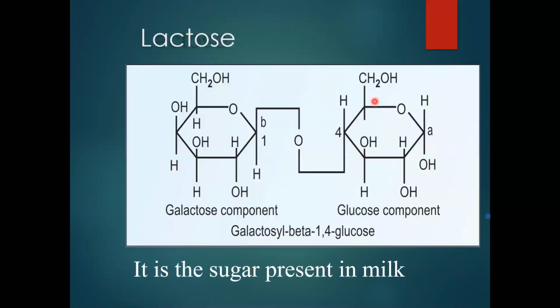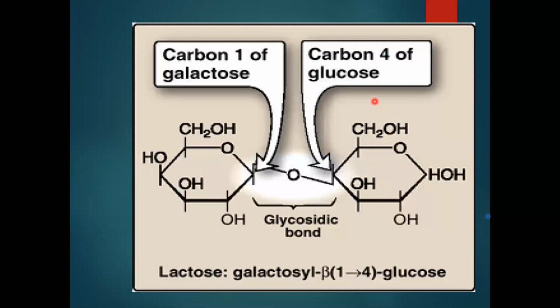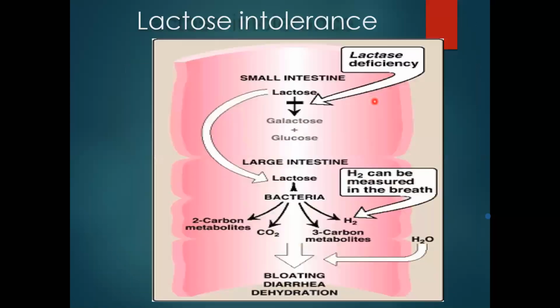Coming to lactose. Lactose, we know, is primarily present in milk, and it is made up of a glucose and a galactose molecule, two molecules joined by beta-1,4 glycoside linkages. So this is the structure of the lactose molecule, where we have a beta-1,4 glycoside bond. But we know that most people nowadays are seen to have lactose intolerance. This is due to the absence of the enzyme lactase.